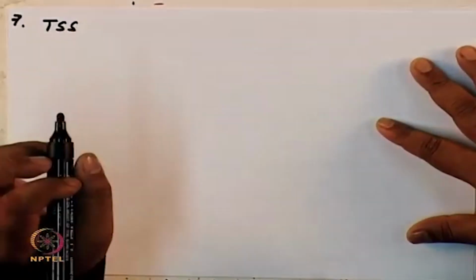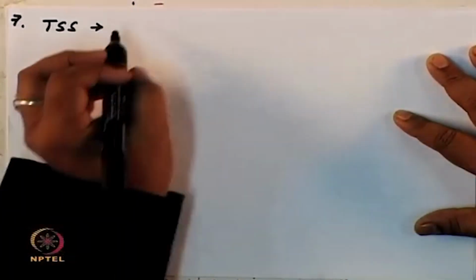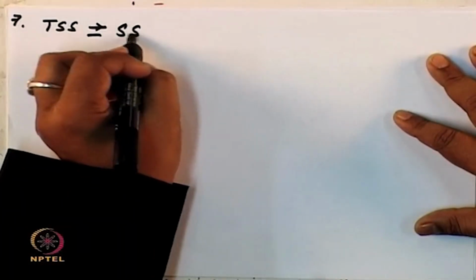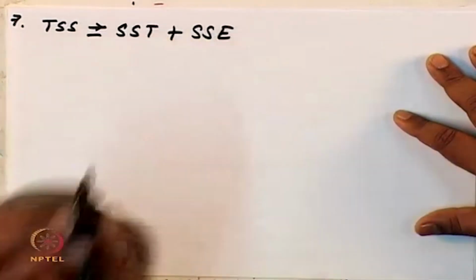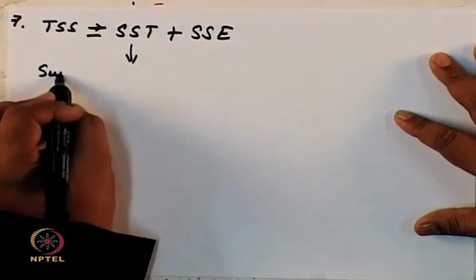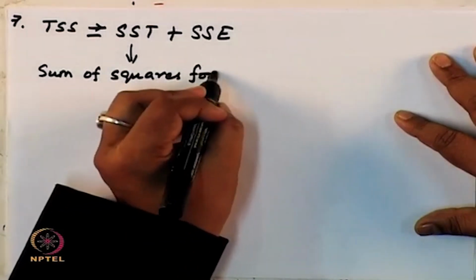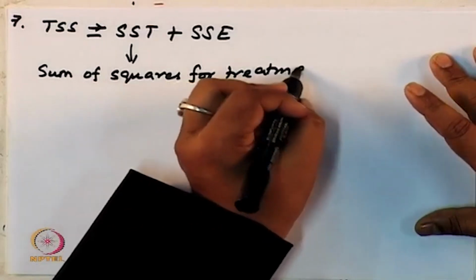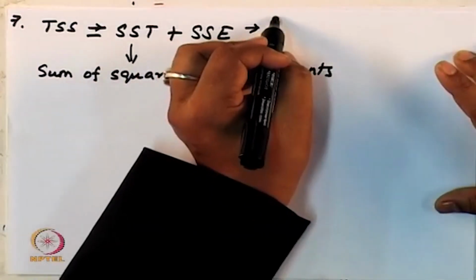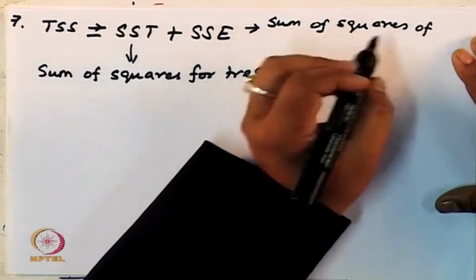So, in ANOVA you distribute the TSS into two fragments. One you call SST. So, TSS equal to SST plus SSE. SST is the sum of squares for treatments, and SSE is the sum of squares of errors.